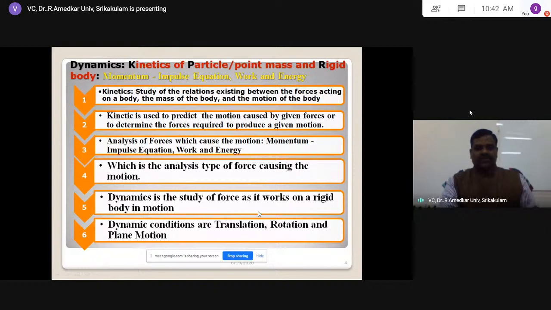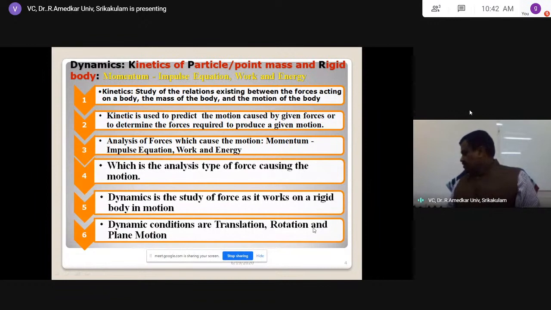Dynamics is the study of the force as it works on a rigid body in motion. Dynamic conditions are what we are going to discuss today, these two concepts for translation body, rotation body and plane motion.